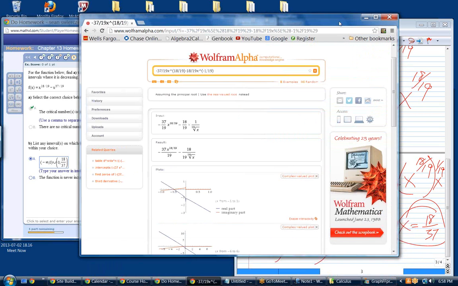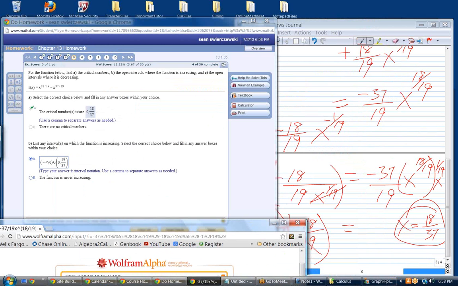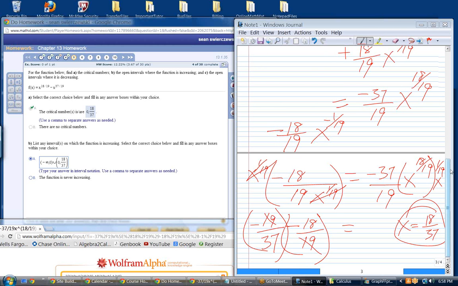According to this, I must have done something wrong when I took the derivative of the original function. It's 18/19 x to the minus 1/19 minus this. I did do something wrong. No, I didn't.